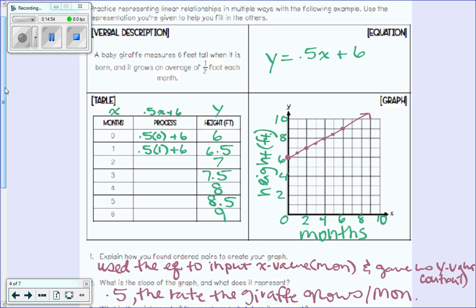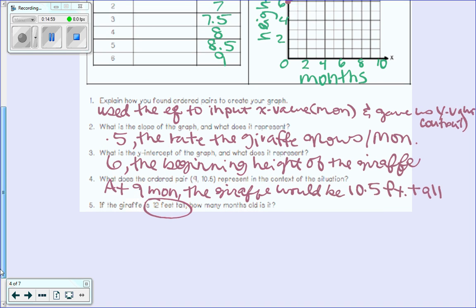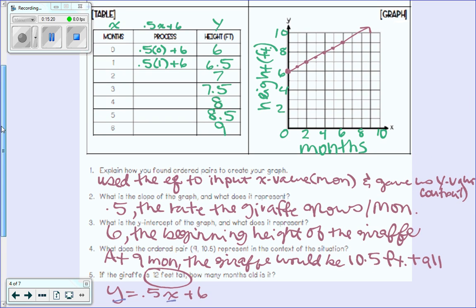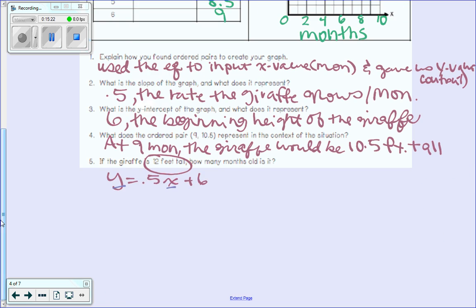The table. Anything else? The equation. Can we substitute in 12 for what? I thought y'all said it was the y value. What does 12 feet represent, X or Y? Y. Good.